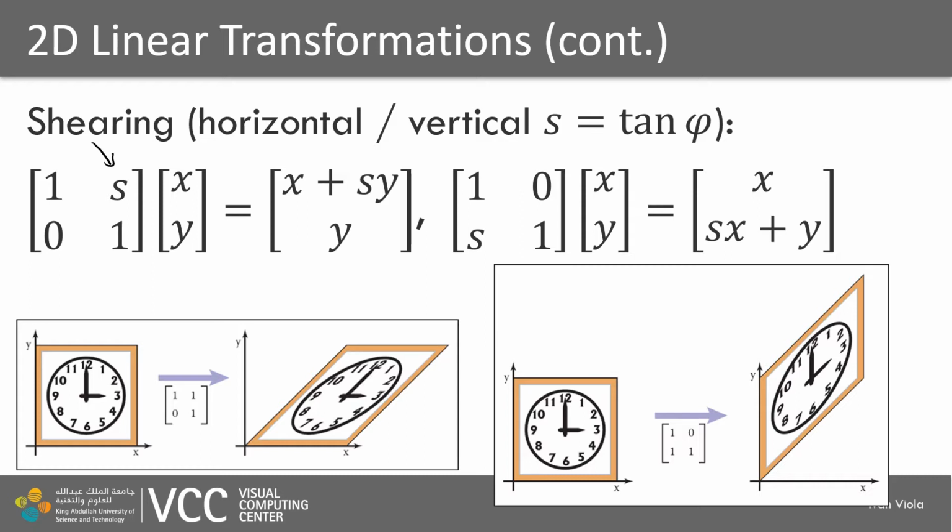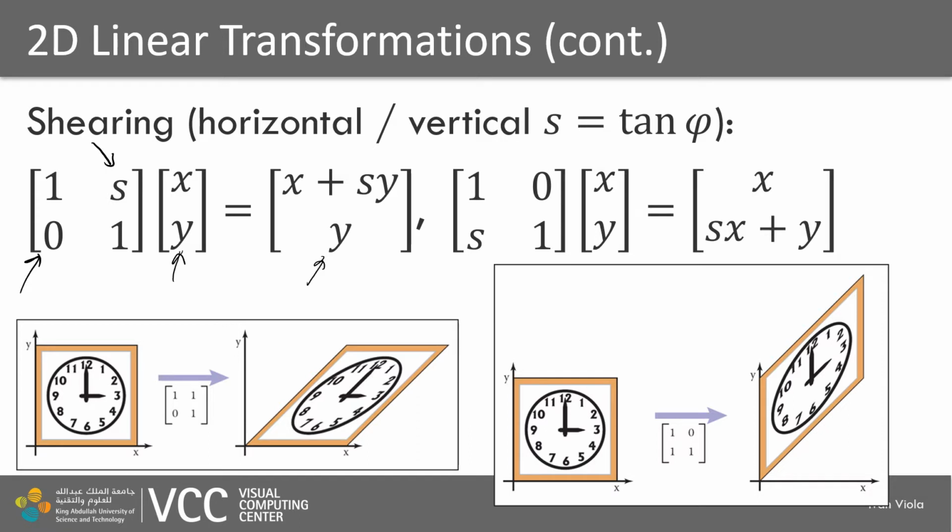As there is 0 in the second row, there will be no contribution of x to the y, so the input y will equal the transformed y.